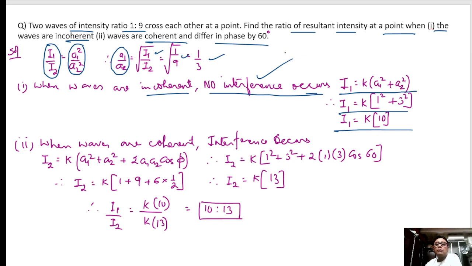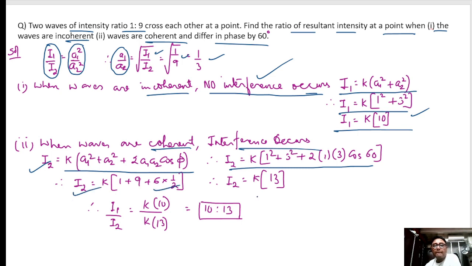So there is no use finding out the intensity. But when the waves are coherent, interference will occur. So I1 will be this, I2 will be this. So I1 and I2 will be in the ratio 10:13.